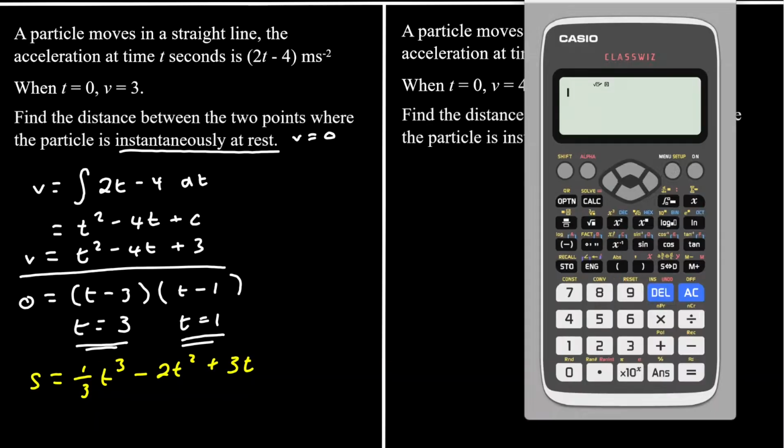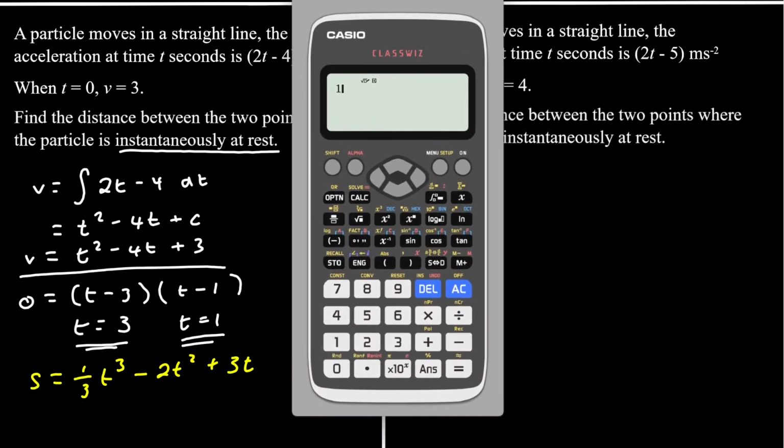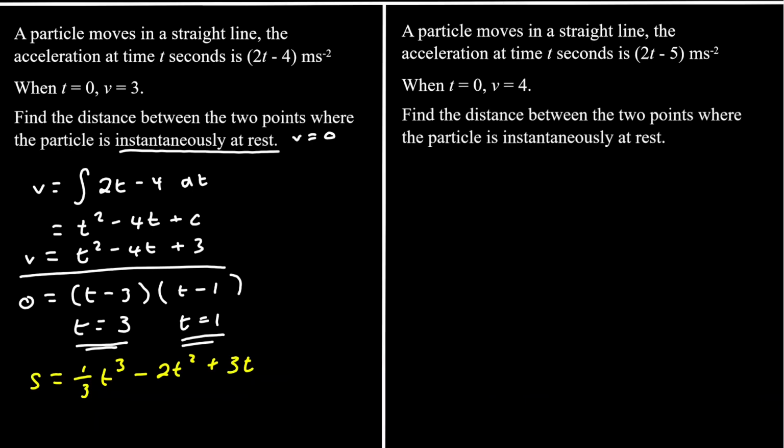So I'll just grab a calculator. So 1/3 of, we'll do 3 first, 3 cubed minus 2 times 3 squared plus 3 3's. So that's 0. So when t equals 3, the displacement is 0.